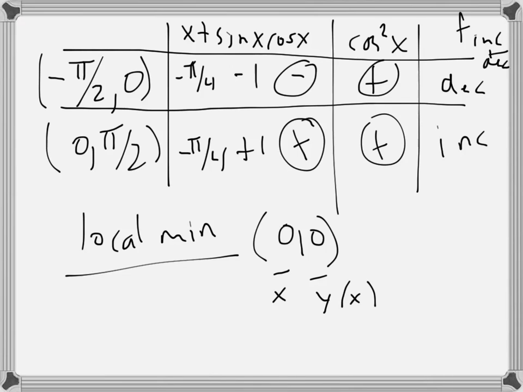Okay, so now we want to take our second derivative. So I'm going to go back to how I had defined our derivative before. When I first did it, it was tan x plus x secant squared x.